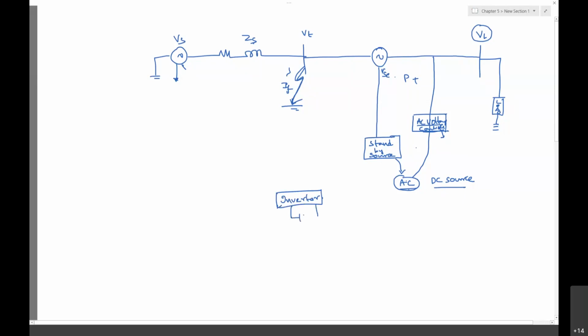For that DC, we take a rectifier unit, a three-phase controlled rectifier or controlled converter.